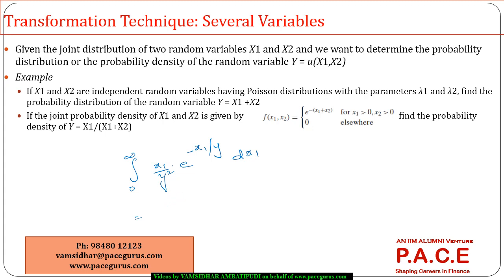I want to integrate it with respect to x1. I can very well take y as constant out.